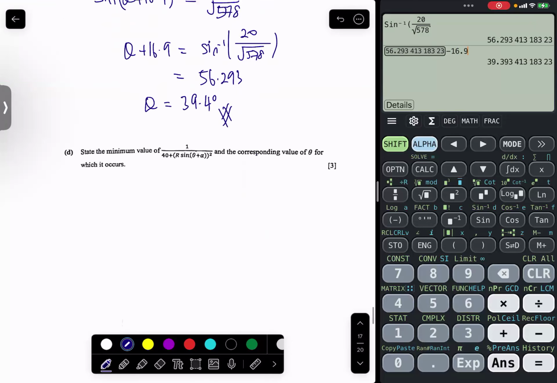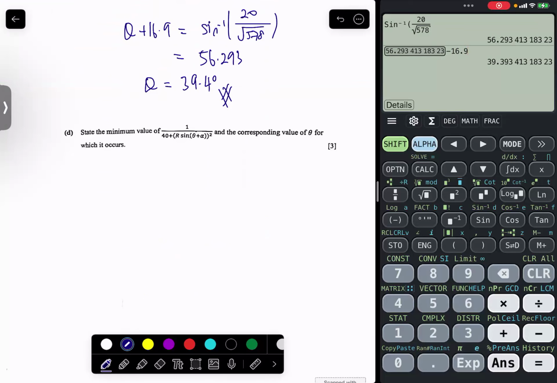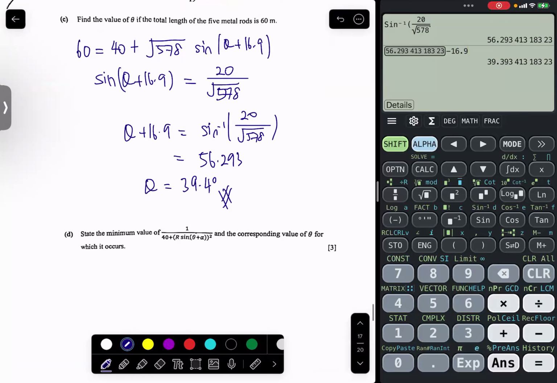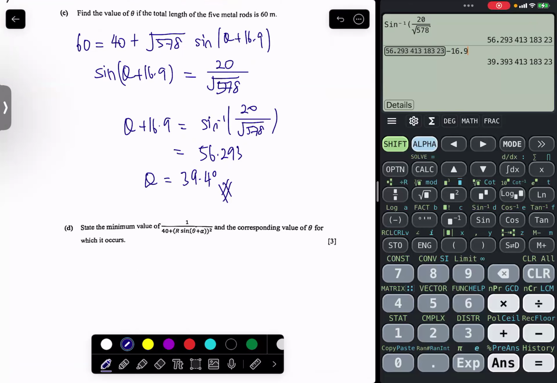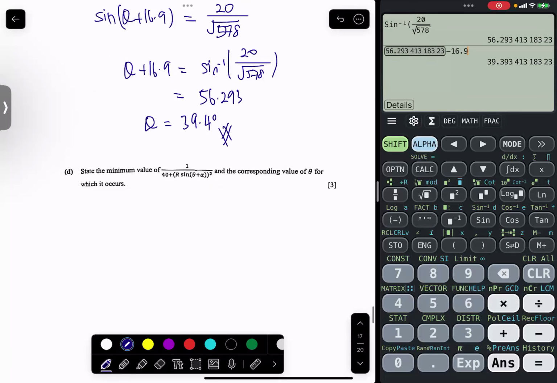State the minimum value of 1 over the length and the corresponding value of theta for which it occurs. The whole thing is one over 40 plus r sine of (theta plus alpha).